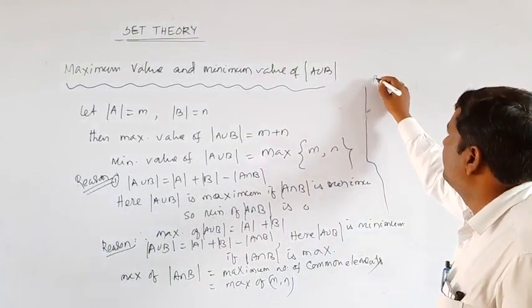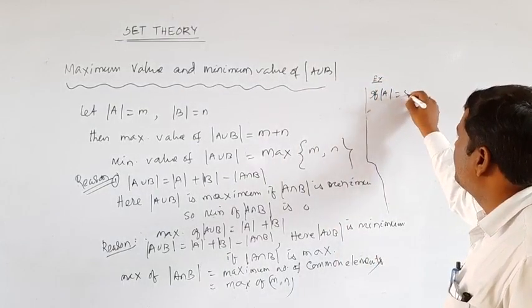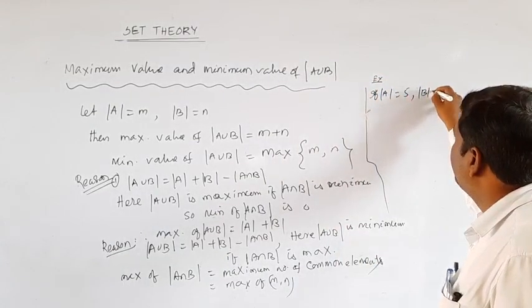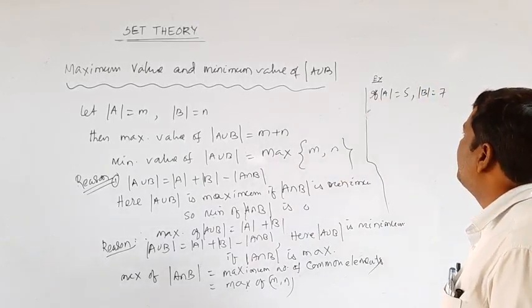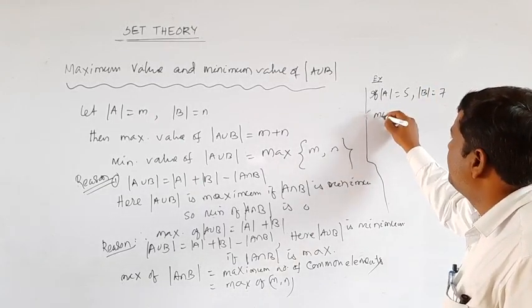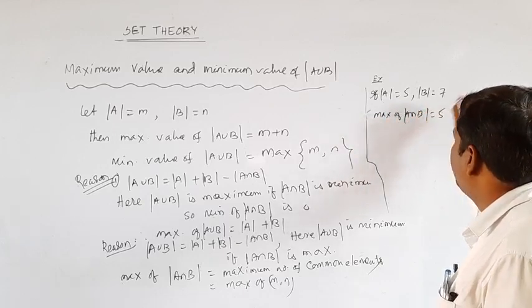Example, if cardinality of A is equal to 5, cardinality of B is equal to 7, then what is the maximum number of common elements? Maximum of A intersection B is equal to 5.